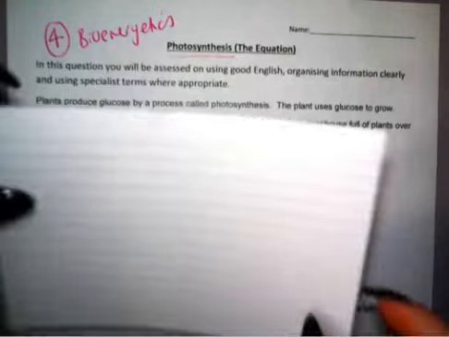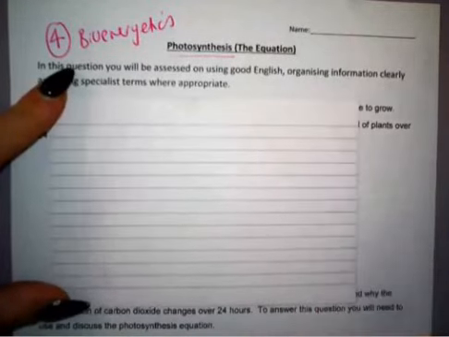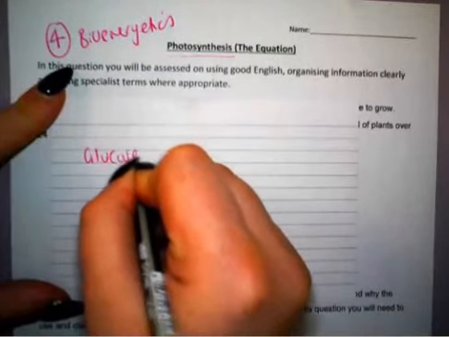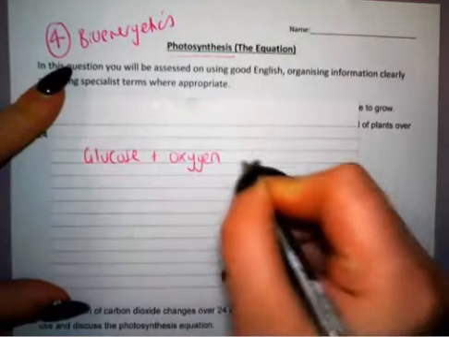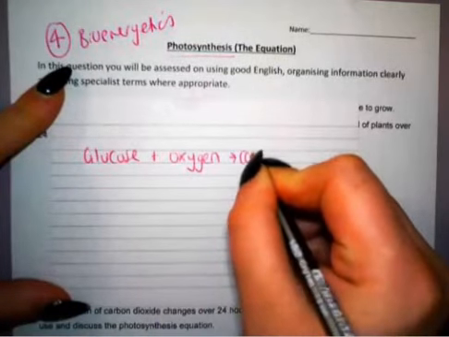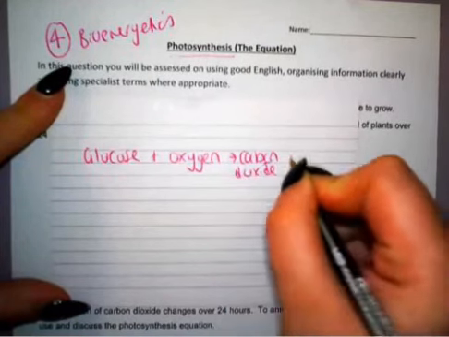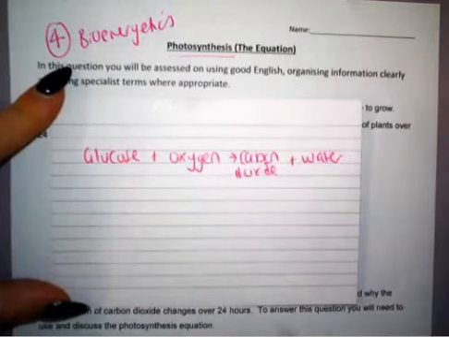So if we just go back and remember that general equation, we know that glucose plus oxygen equals carbon dioxide plus water, which is excellent.